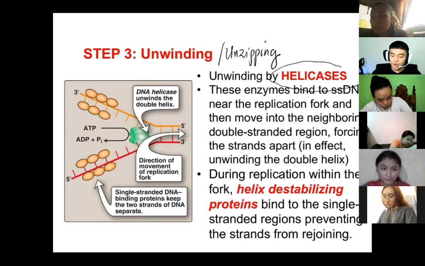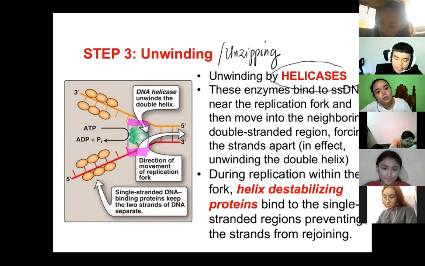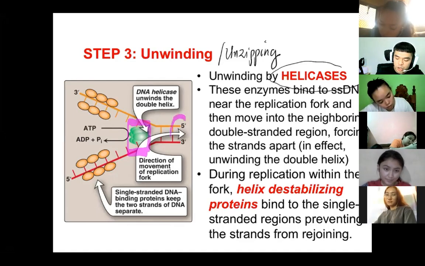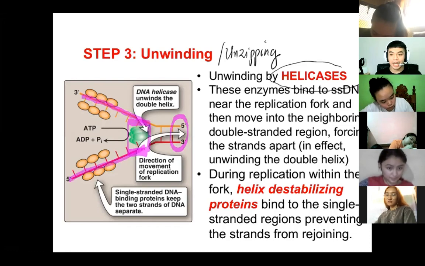So for example, in the figure, nasusundan pa ba ako? Ha? So for example, in the figure, yung color green, this represents helicase. Helicase. So helicase will separate the double-stranded DNA para paghiwalayin sila at maging single-stranded ones.